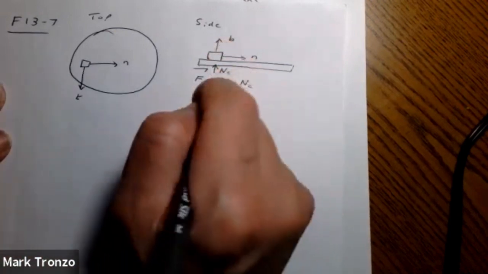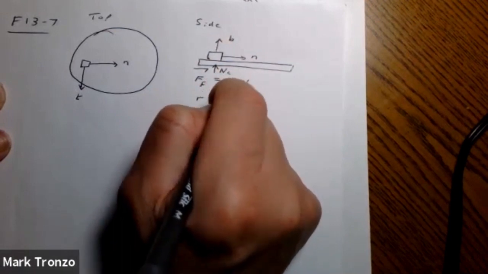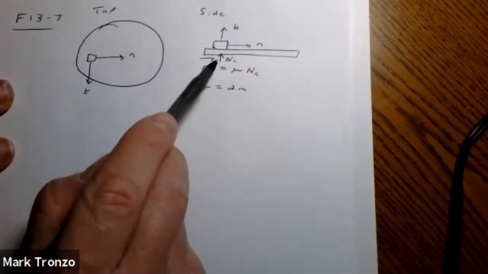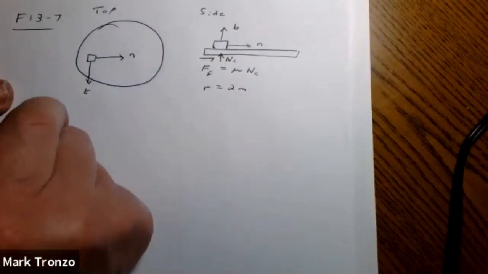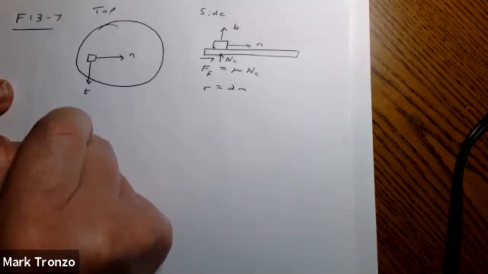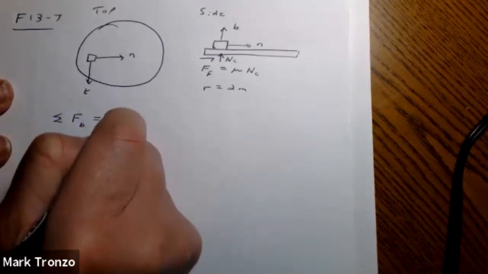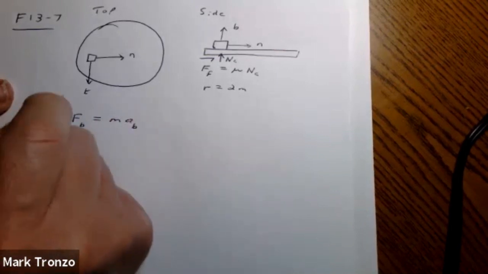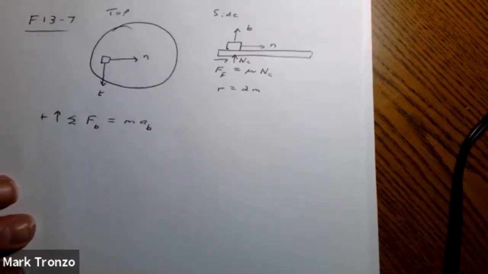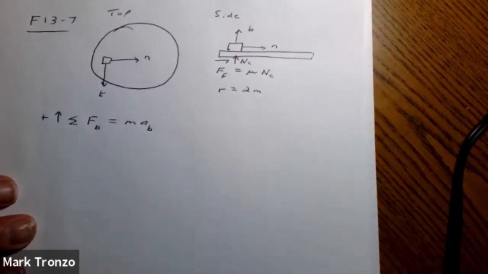And again, the radius was 2 meters. So again, the first thing we want to do is find NC. So if we sum the forces in the binormal direction, and if we call upward positive, again, we're looking at this picture up here.